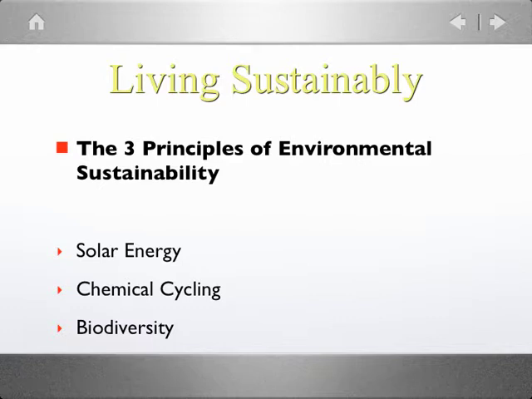Solar energy, we're simply talking about the natural ability as well as the synthetic ability of organisms to capture the energy that's coming off of our sun and utilize it for other purposes in sustaining life. Then we're going to talk also about chemical cycling, right? So in terms of chemical cycling, we know that there are inorganic and organic chemicals on our planet, right?